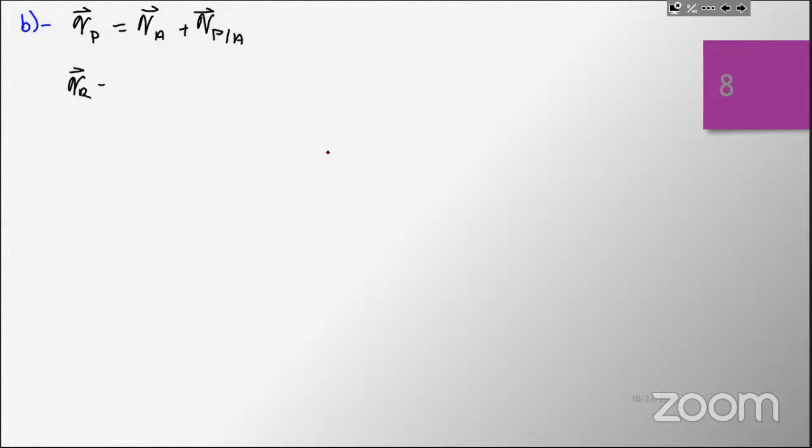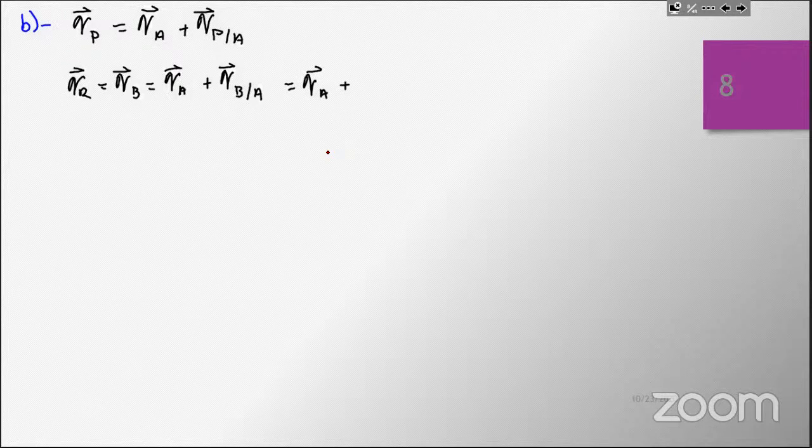We can say v sub r is equal to v sub b, which is equal to, well, I know the velocity of point A, a point on the rigid body that we were given, plus v of b with respect to A. We can rewrite this based on the equations we set up last class.